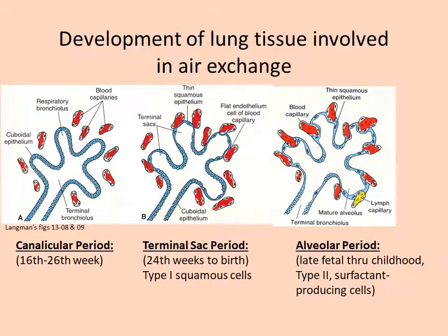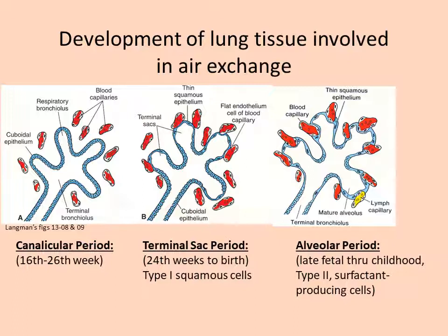Here we can see the canalicular period, and how the respiratory bronchiole has developed during this stage. The epithelium is cuboidal and blood capillaries have started forming. The second stage here is the saccular period, shown over here.